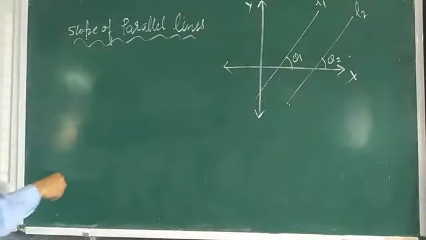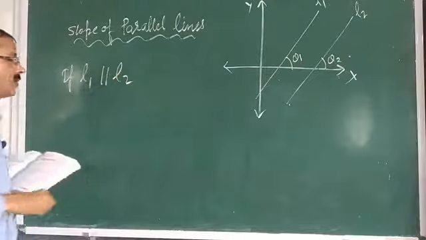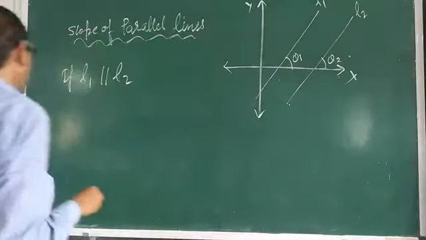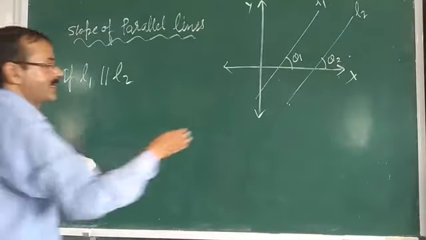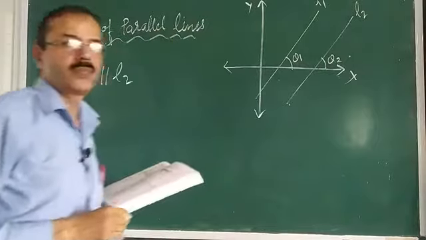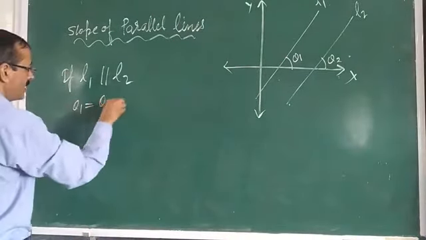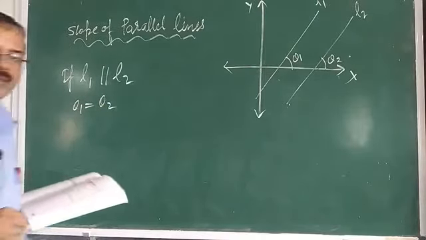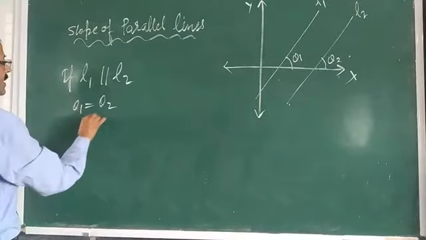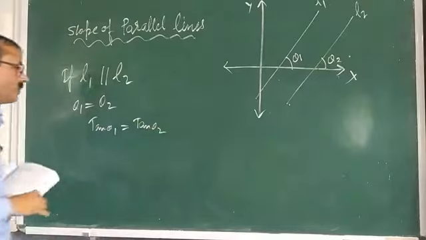So if L1 is parallel to L2, the angles of inclination will also be equal, because they are corresponding angles. So in that case theta 1 is equal to theta 2. So we can say tan theta 1 equals tan theta 2.